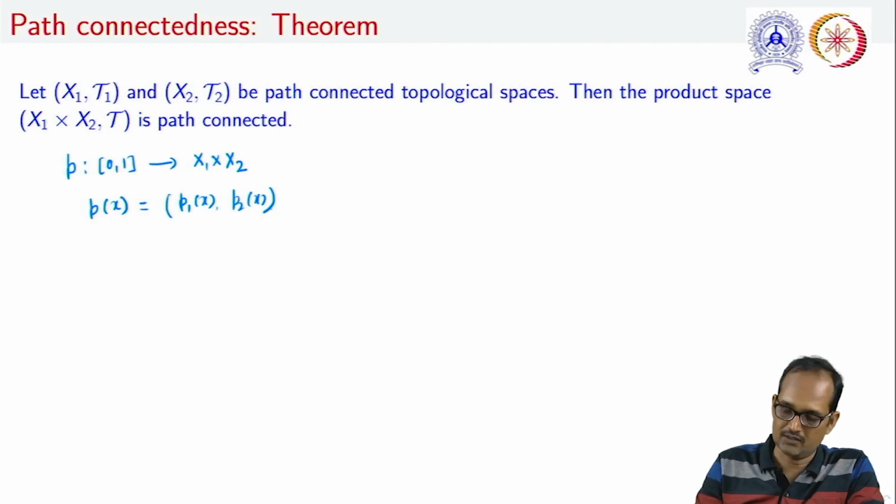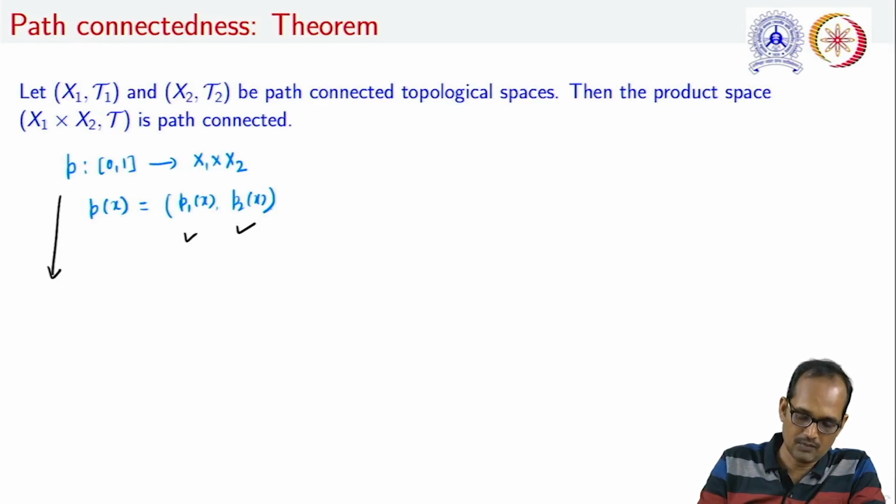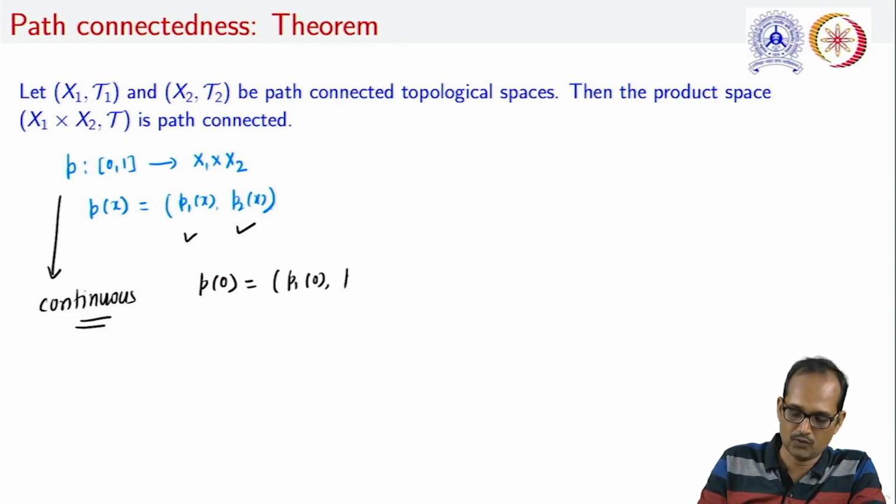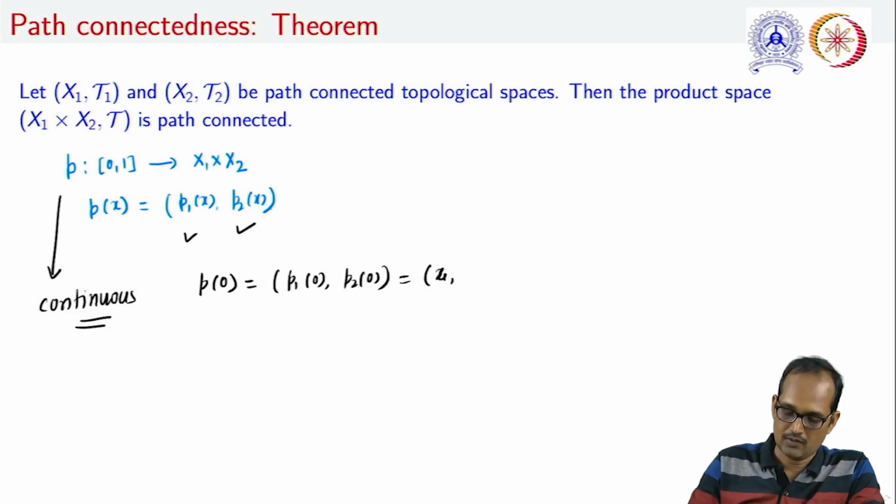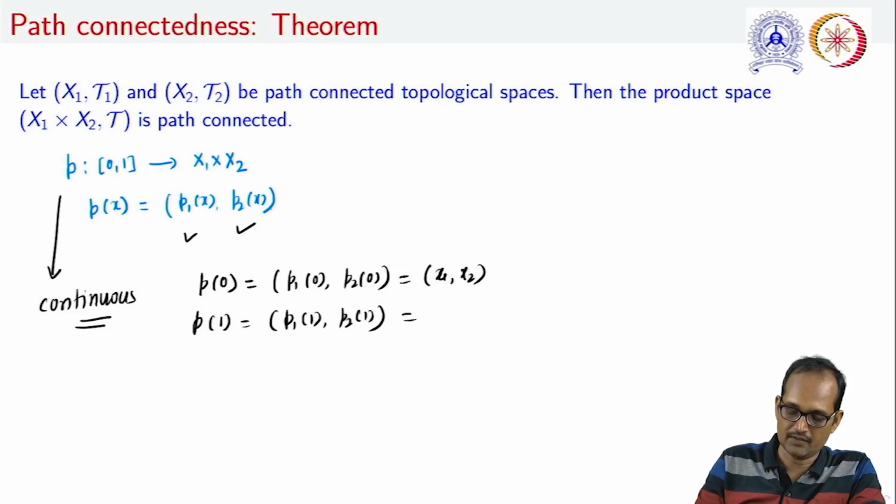What we have already justified is that if p1 and p2 are continuous, p will also be a continuous function. Also, if we compute the value of this function at 0, p(0) is (p1(0), p2(0)), which we have already seen is (x1, x2). Similarly, computing p at 1, we get (p1(1), p2(1)), which is nothing but (x1 dash, x2 dash).